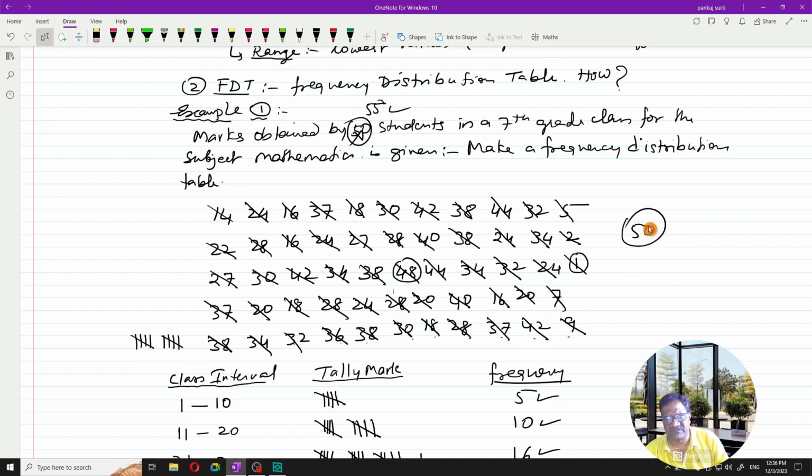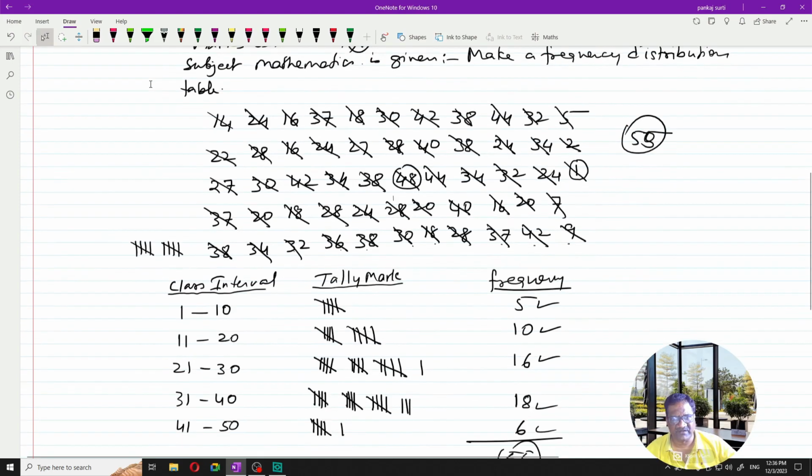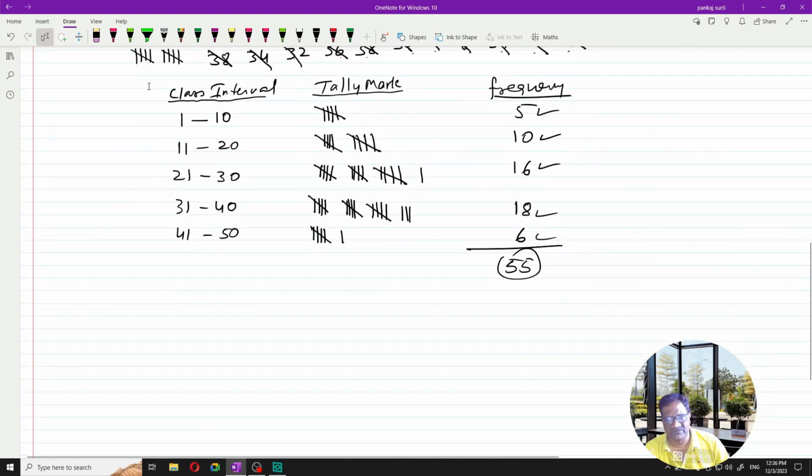Yes, so it's 55 and not 50. The question was wrong. It's not 50 students, but data of 55 students, and when you add up the frequency, it gives you 55. So your frequency distribution table is perfectly okay.